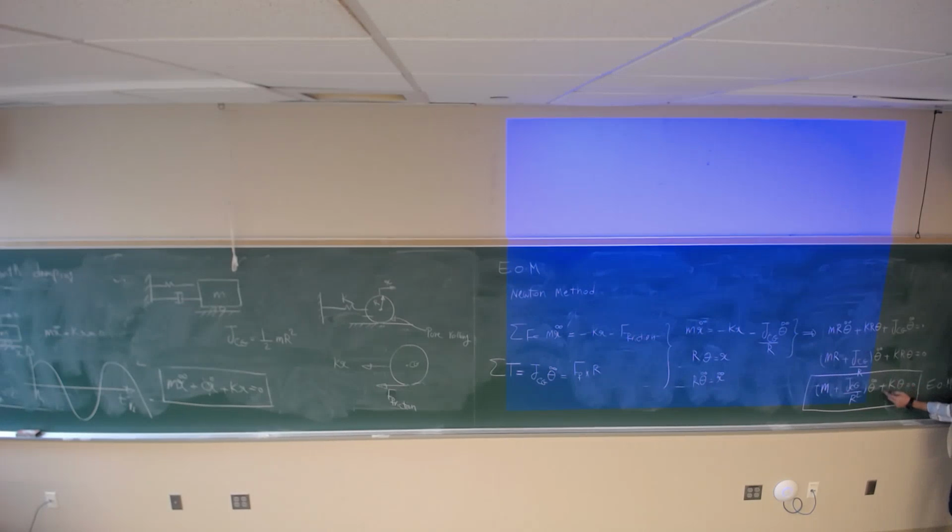If I ask you what would be the natural angular frequency, it's going to be whatever the coefficient of theta is: square root of k divided by (m plus J cg divided by r squared).